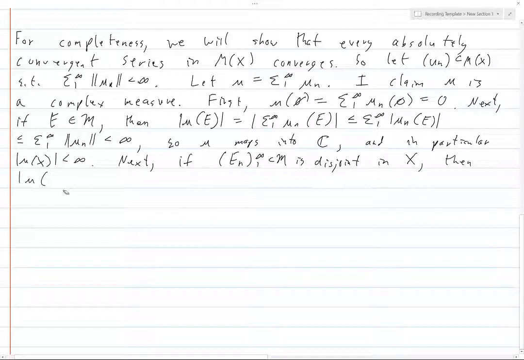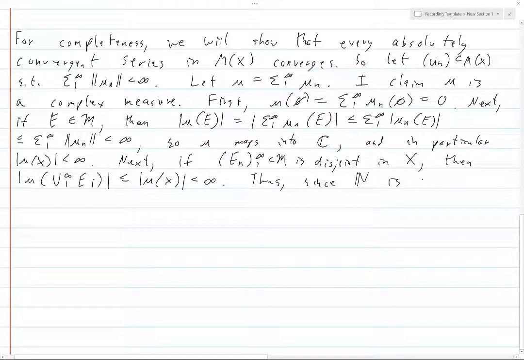Just in order to apply Fubini's theorem, we need to make sure that these things don't blow up. So the measure of the union of the E_i's is finite. And so anyways, thus, and this next thing is important.